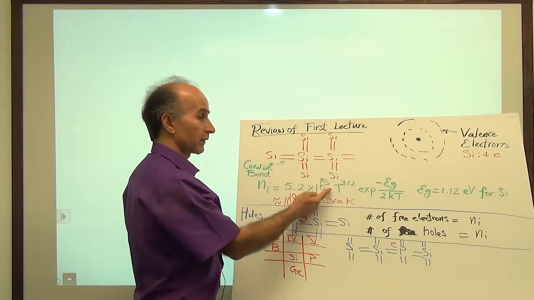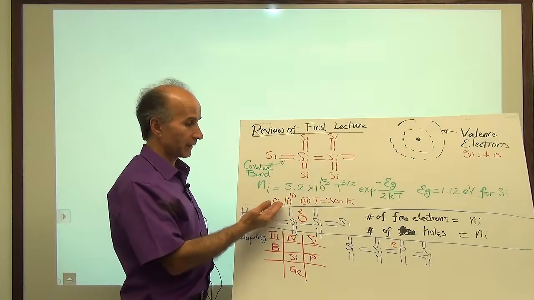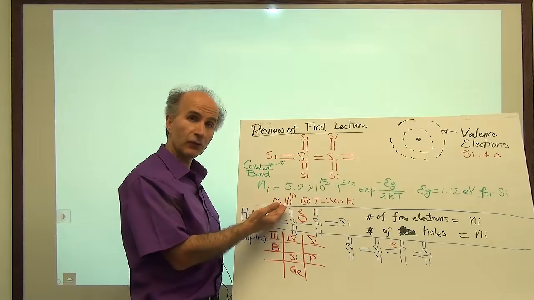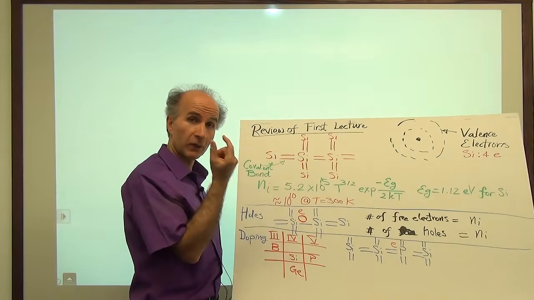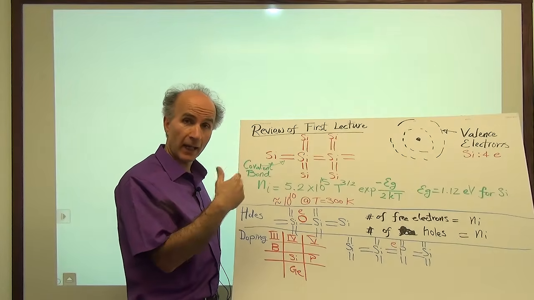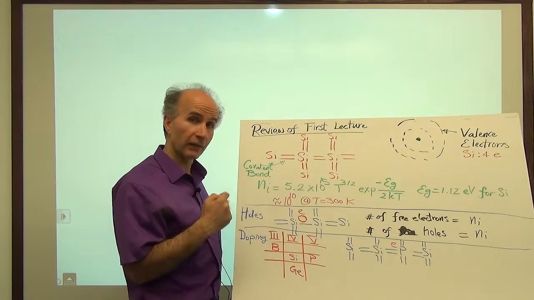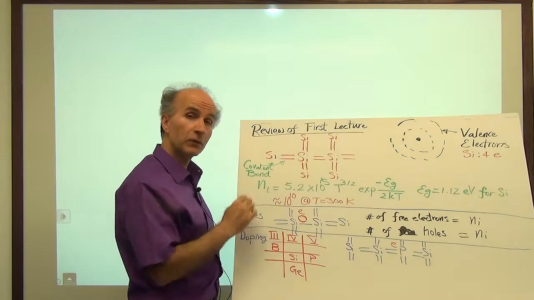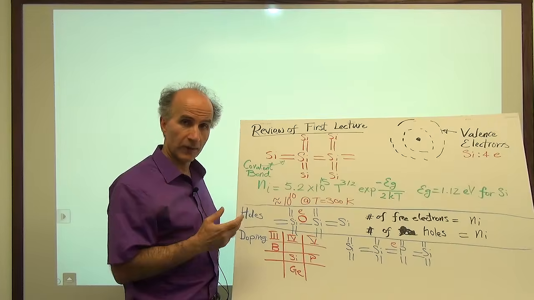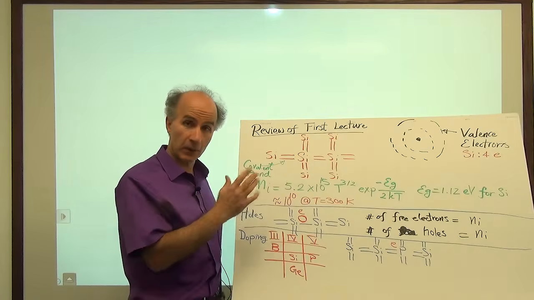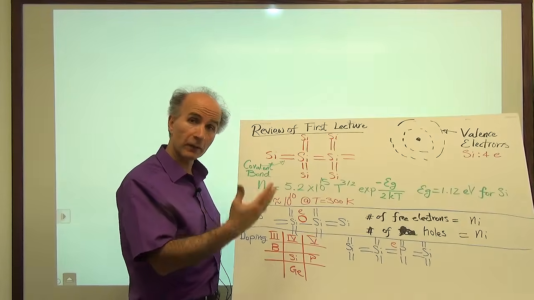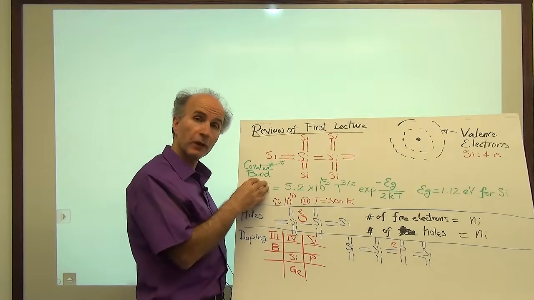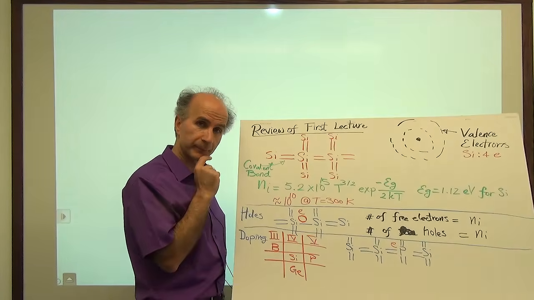If we calculate this at room temperature, we see that we have about 10 to the 10 free electrons per cubic centimeter. And that's not a whole lot, considering that a cubic centimeter of silicon has something like 10 to the 25 atoms. So we have very, very few electrons. In other words, pure silicon is not a very good conductor, and we need to somehow modify the number of free electrons that we have.